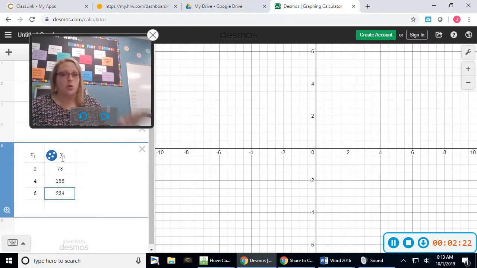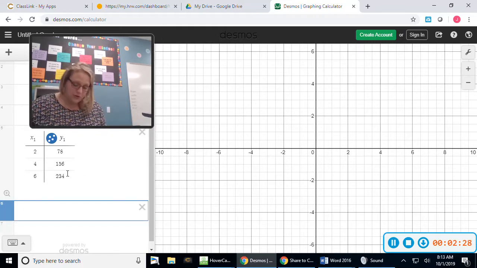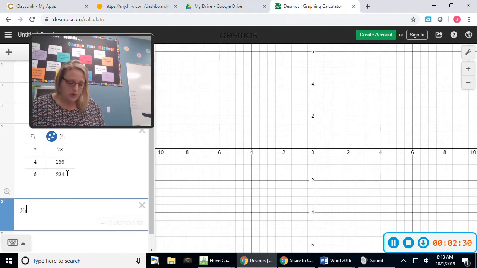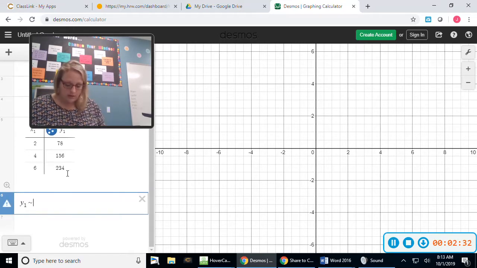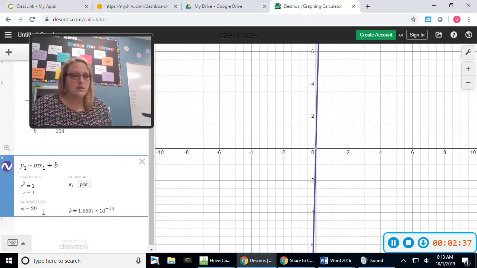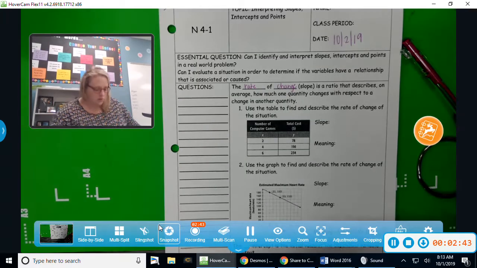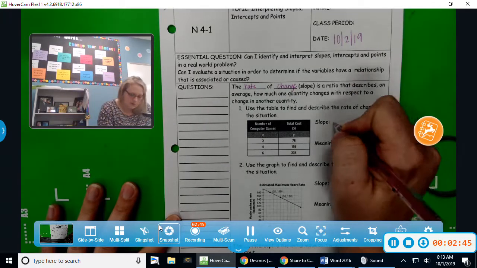I just want you to watch what's happening because you should already know how to do this, okay? So then after your equation that you typed, to always find it is y1 squiggle line mx1 plus b. Okay, and it does give me my slope. It tells me my slope is 39. So on your paper, we're going to write 39.